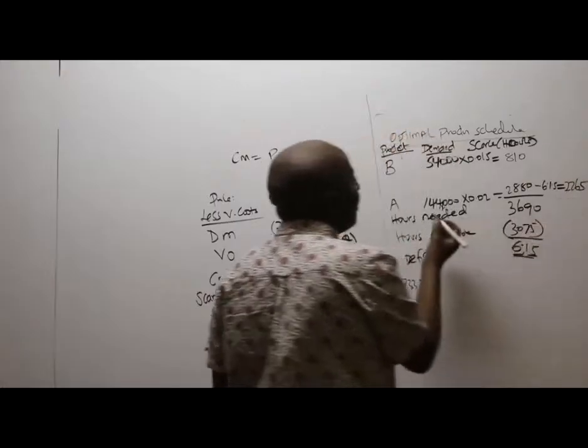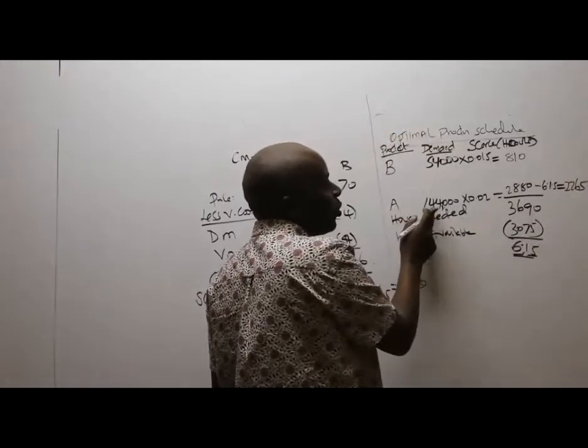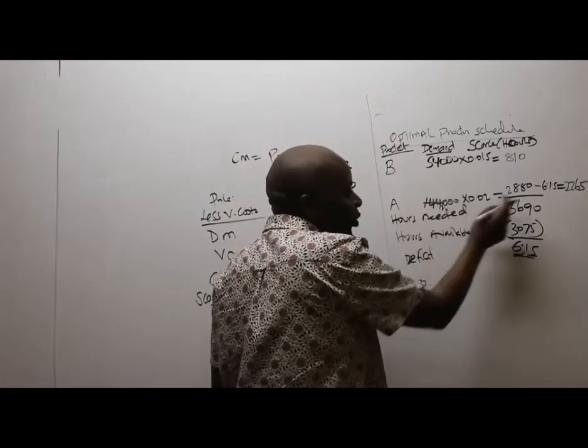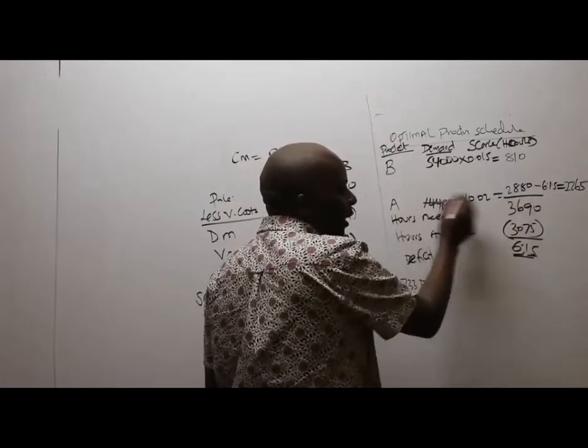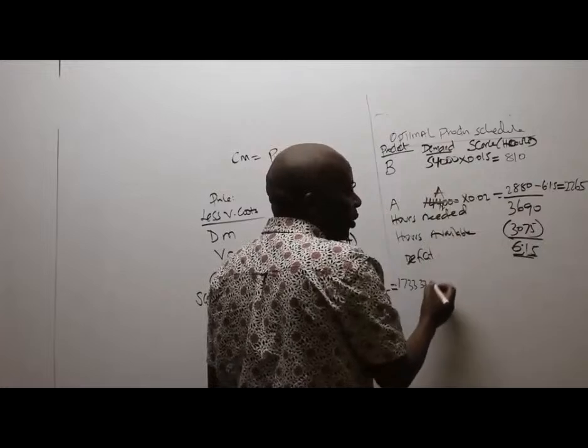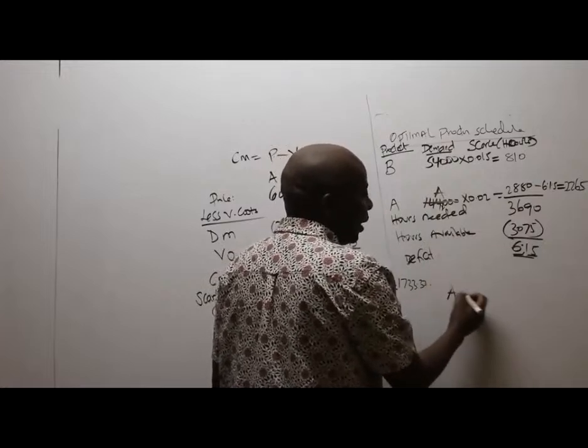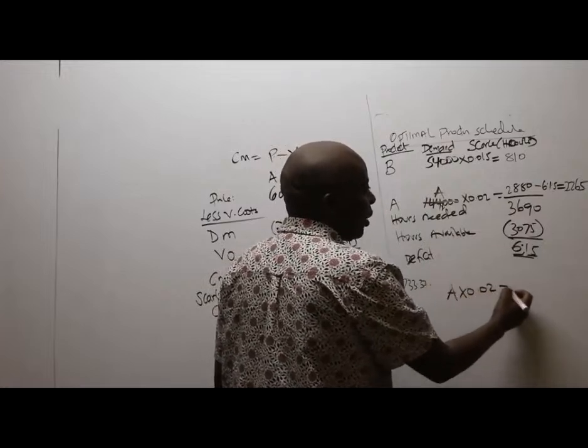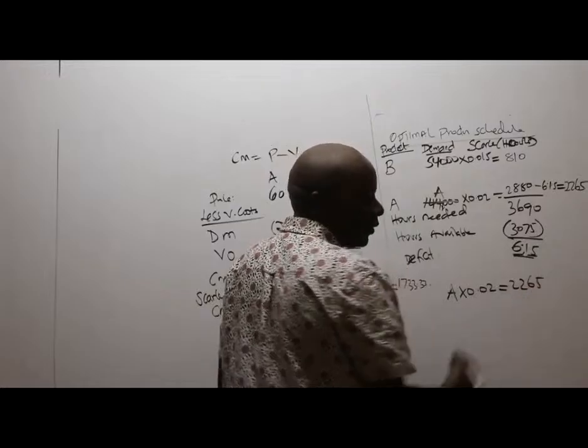So meaning, ladies and gentlemen, that for A we can't produce 144,000. You must cut this because you have cut hours. So you're cutting this and calculating a new A. So A times 0.02 equals 2265.